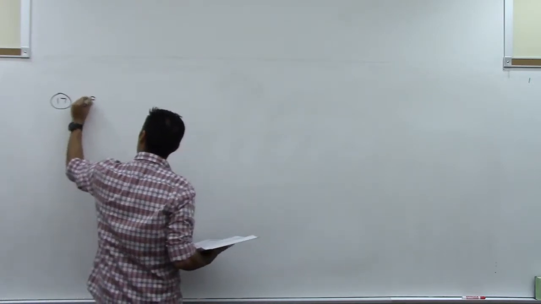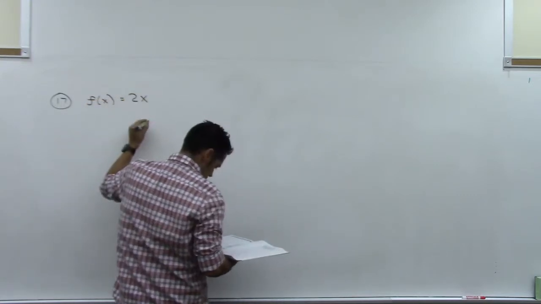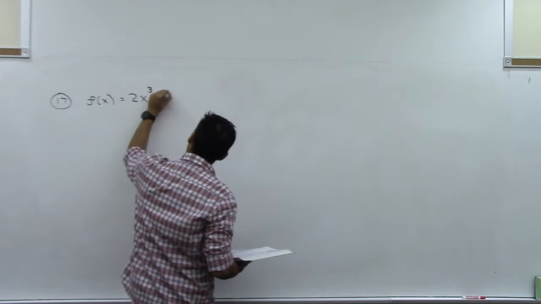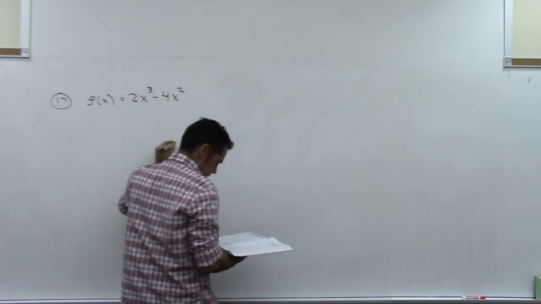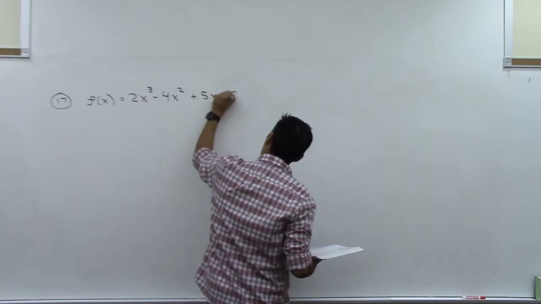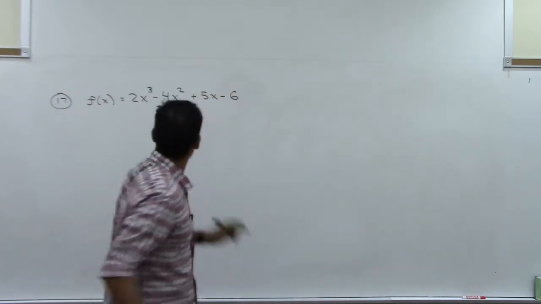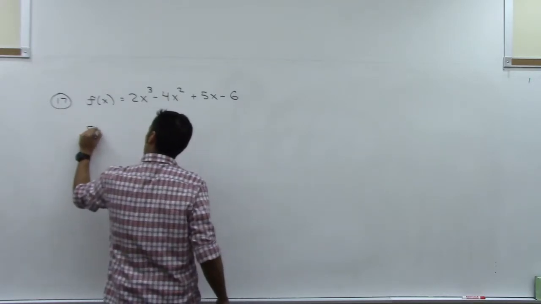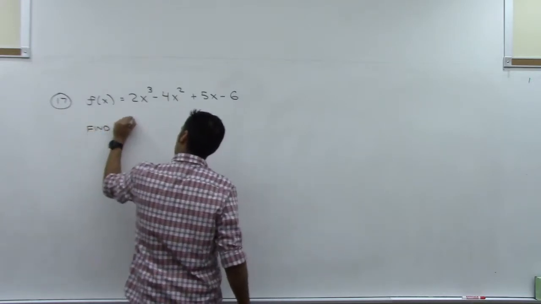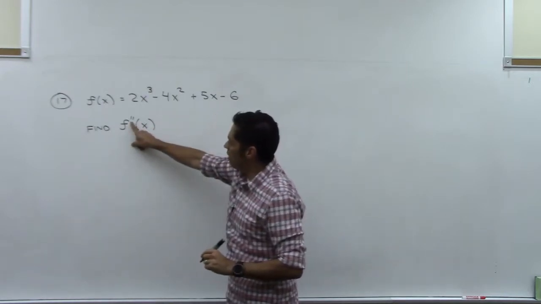F of x is 2x cubed minus 4x squared plus 5x minus 6. And we're asked to find this. So this notation means we need to take the derivative twice.